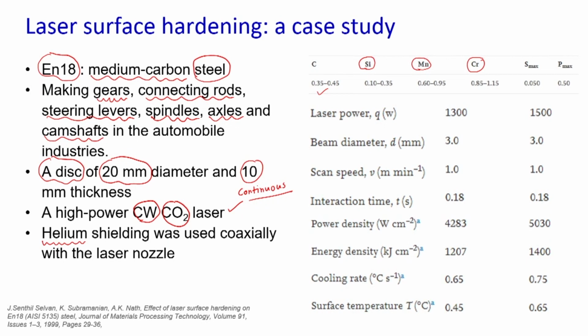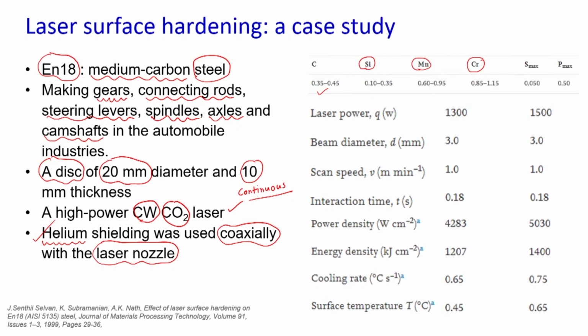So, helium is considered. Here it is having a coaxial nozzle, and through this coaxial nozzle the helium gas is applied to protect the surface from oxidation. So, through the nozzle the helium is coming down, it is getting applied on the surface.